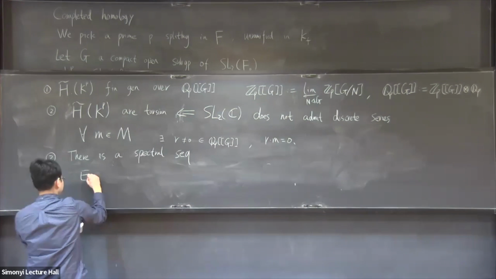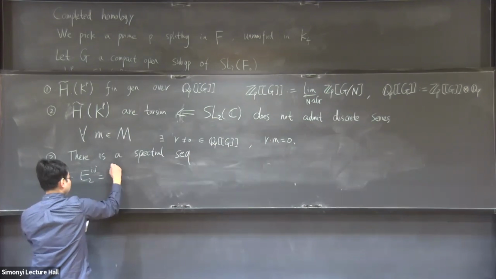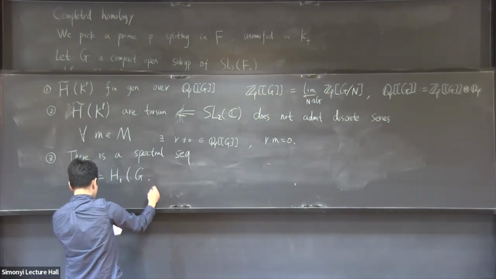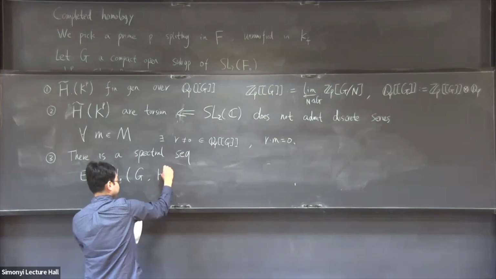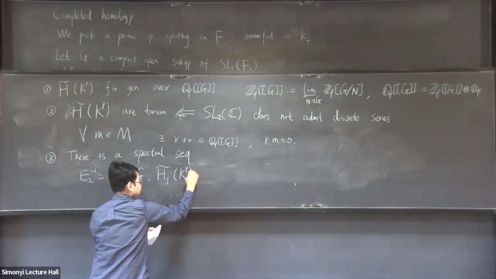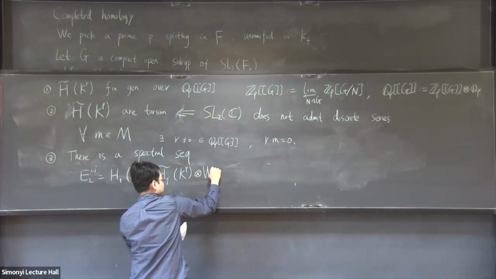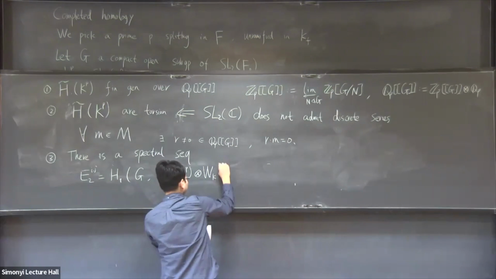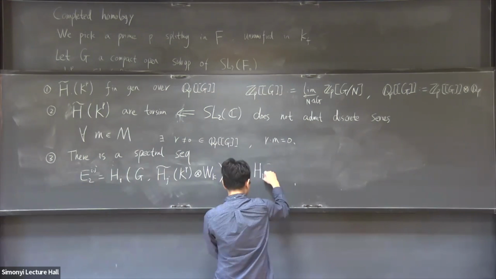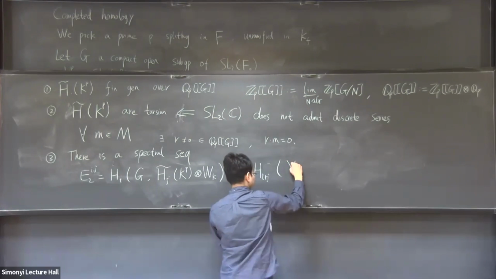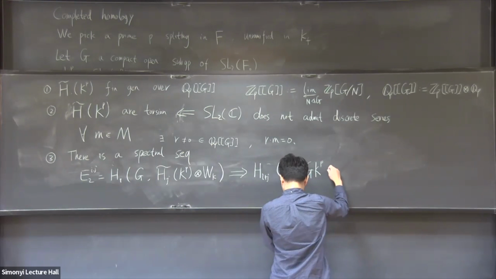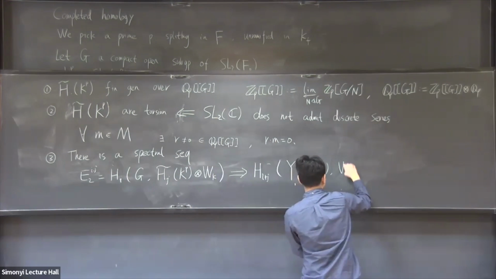At the E2 page, it is the i-th homology of the j-th completed homology with coefficients in W_k, and this should converge to the (i plus j)-th usual homology of the locally symmetric space with level G times K^p, with local system W_k.